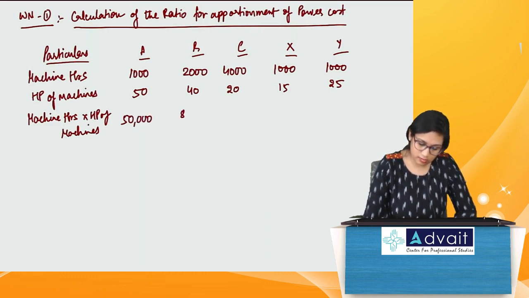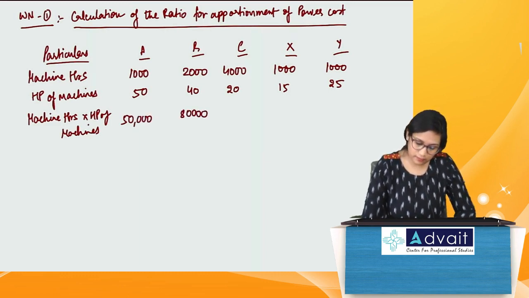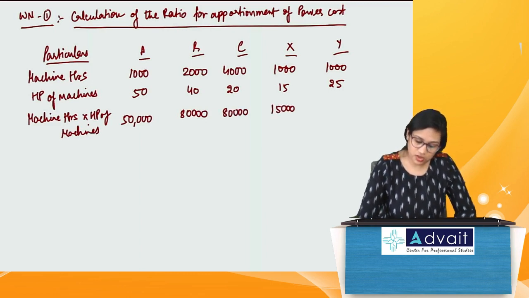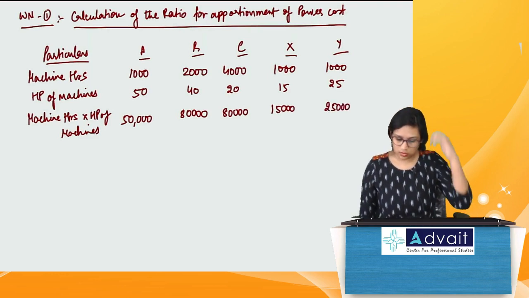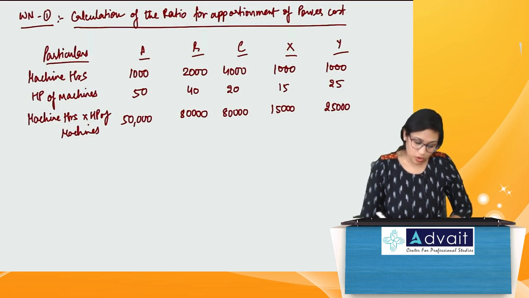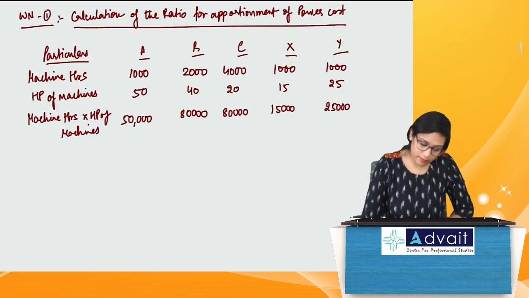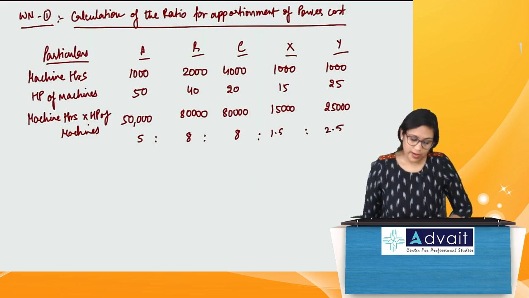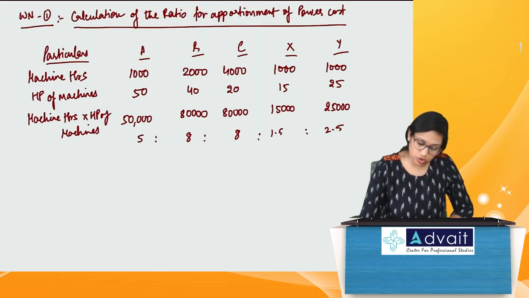50,000, 80,000, 80,000, 15,000, 25,000. So ratio will be 5:8:8:1.5:2.5.